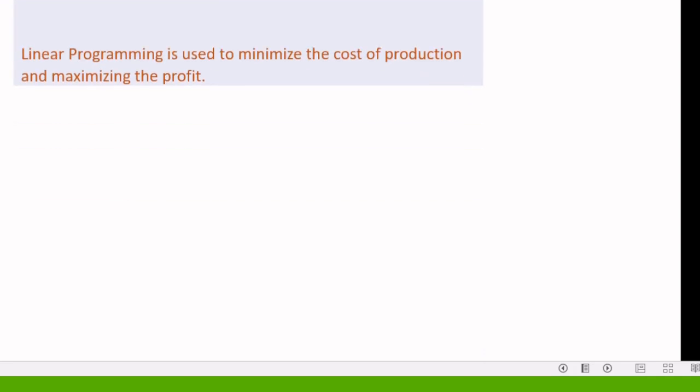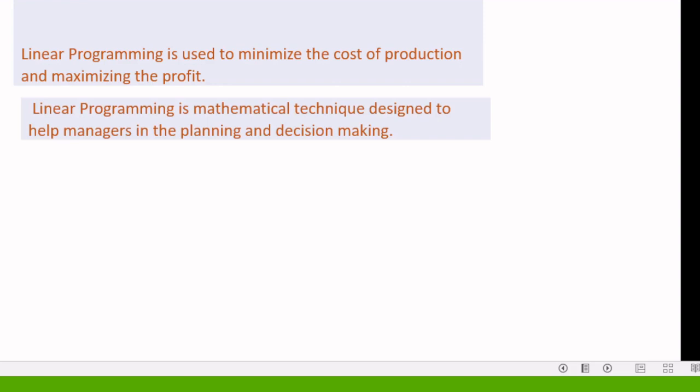Let's move forward and understand what else linear programming is used for: to minimize the cost of production and maximize the profit, same as I said in the beginning of the video. The overall motive will remain the same in any field. The manager, right? How they plan, how they take decisions, how they cut resources, how they add resources, you can get a glimpse from him.